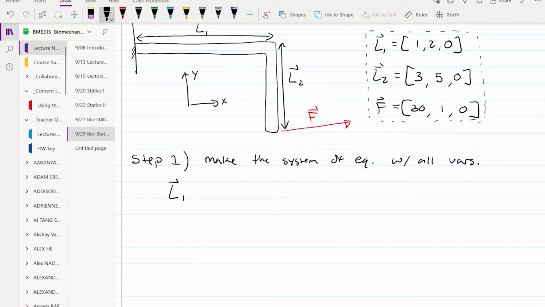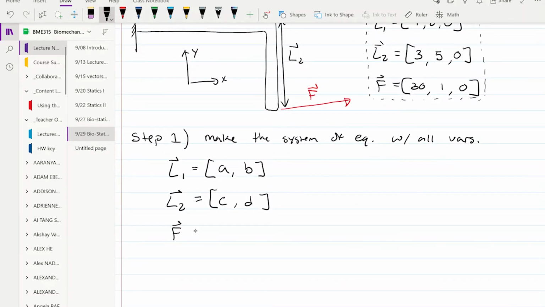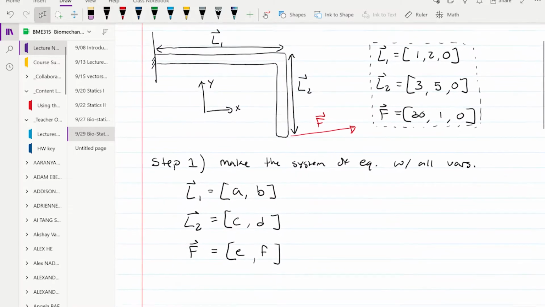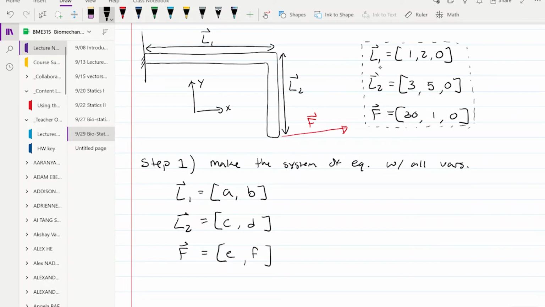So let's do L1 is equal to A, B. L2 is equal to C, D. And then F is equal to E, F. And let's say that we know that the uncertainty of each vector has some percent error. So let's say plus or minus some percent uncertainty. You can also write that as sigma.